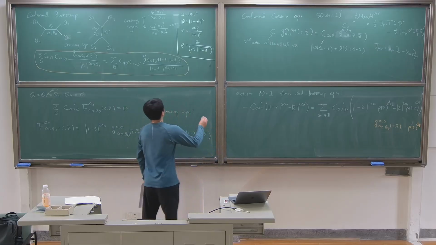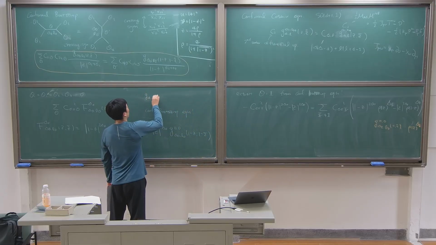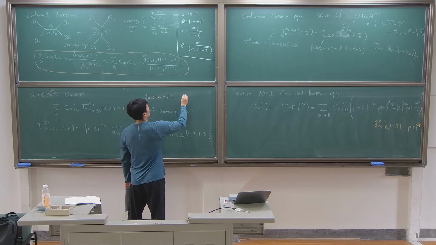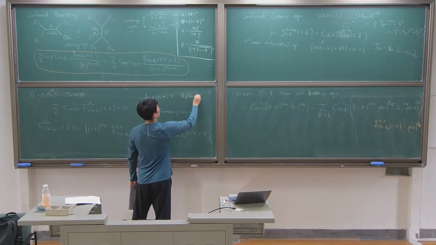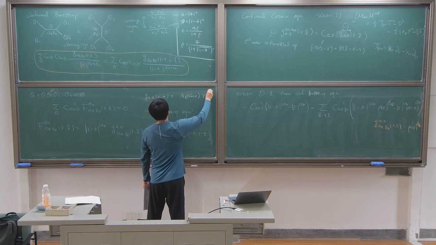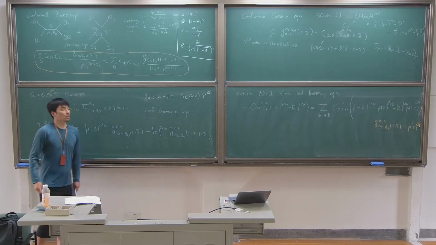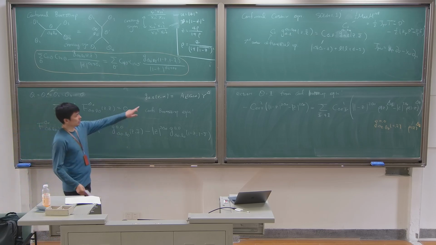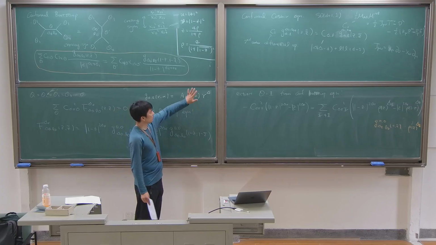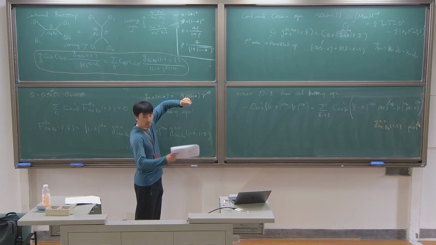As I mentioned, this conformal block G delta L, whatever R alpha, the dependence is the sum over n, A L cos alpha and R times delta. So that's the dependence of the conformal block on delta and L. If you put alpha to be 0, this function becomes some constant.